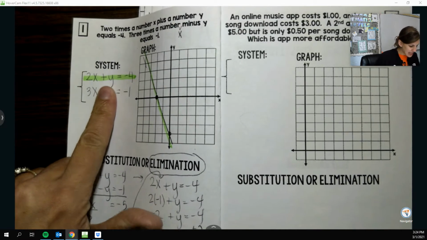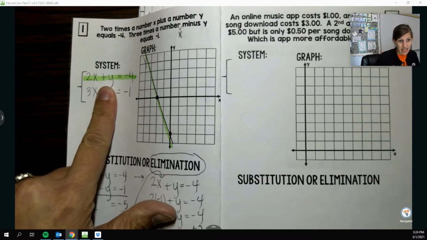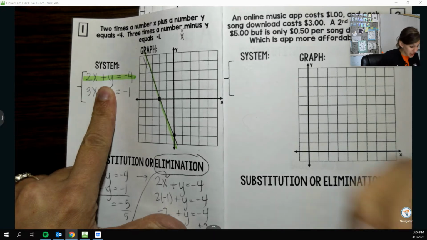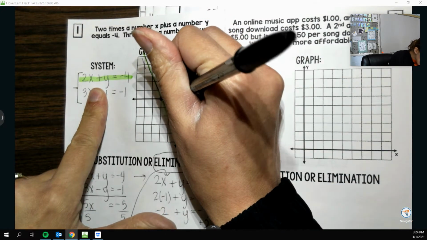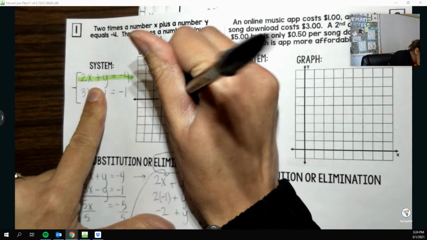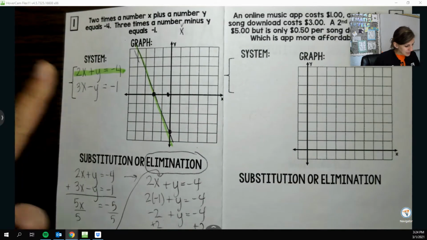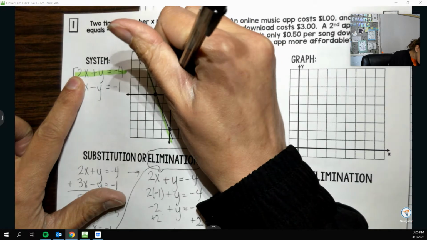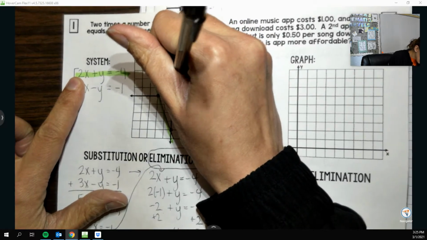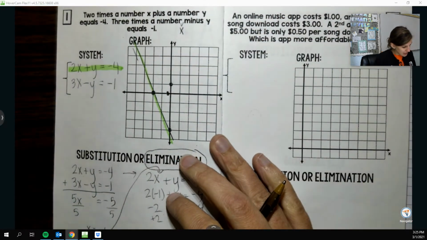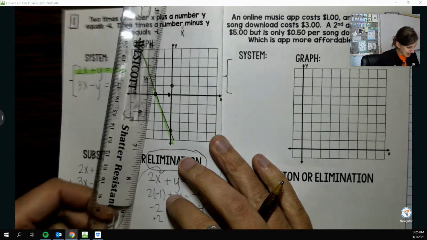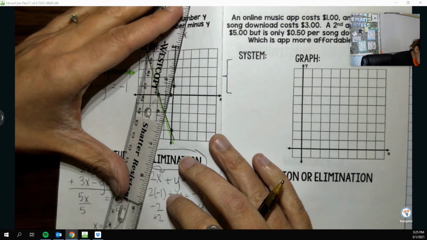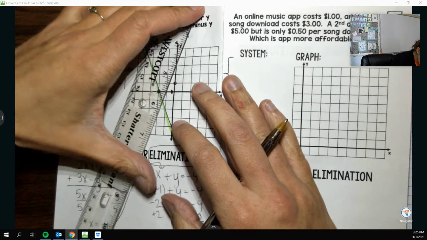If I ignore y and solve for x, you get that x is negative 1/3, which I can plot, but it's not going to be super nice. Like that's kind of a guess. And then if I solve for my y-intercept, it would be 1. So right here. So if we graph that line now, draw this with a straight edge.